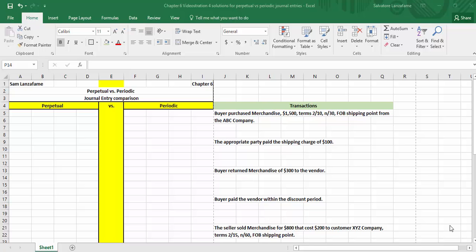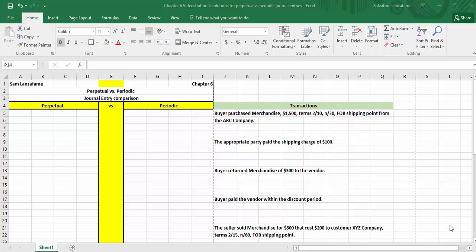If you notice the transactions to the right, I have here, what if the buyer purchased merchandise for $1,500, terms 2/10 net 30, FOB shipping point from the ABC company. So a couple of important things in there. First off, FOB shipping point. FOB basically represents freight on board.